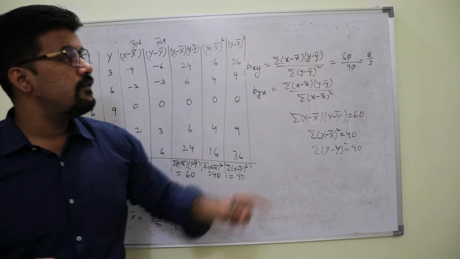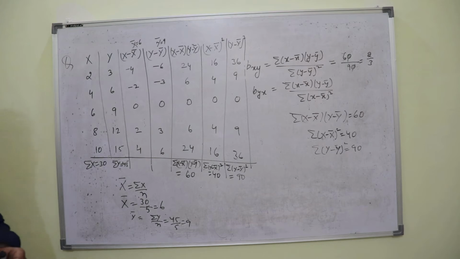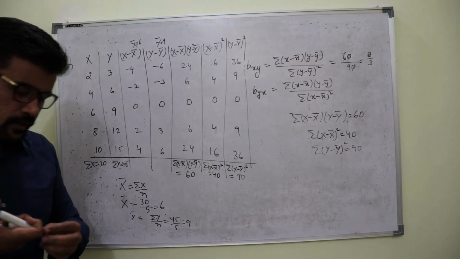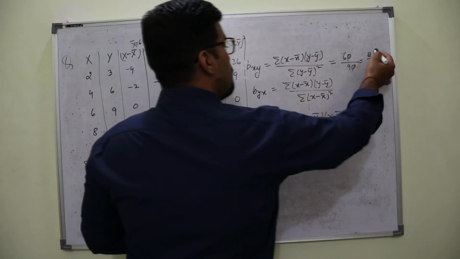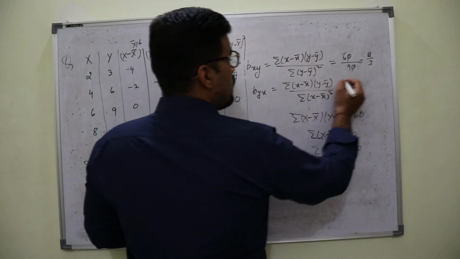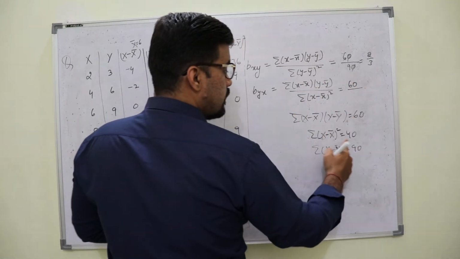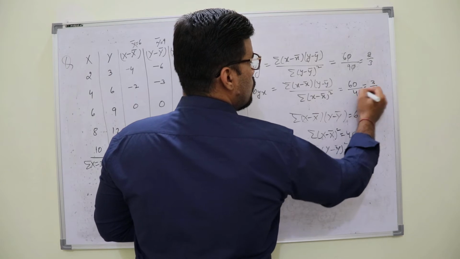If we divide 2 by 3, we will not get a complete answer. We will get 0.66666. So we can take the approximate value 0.67, but I personally suggest that you let it be 2 by 3. Now, coming back to this, it is already 60 and sigma (x minus x bar) square is 40. So if we solve it, we will get 3 by 2.